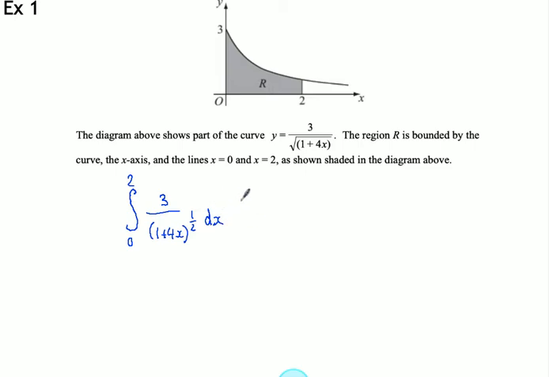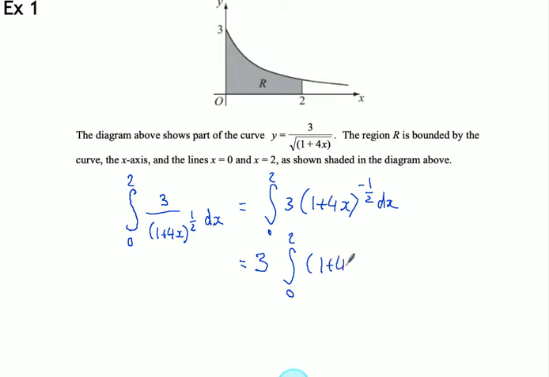So firstly, I'm going to rewrite it like this. And secondly, I'm going to remove this 3. I'm going to take that 3 out, because I can do that when I'm multiplying a whole thing by 3. And that means it's going to leave us with this.